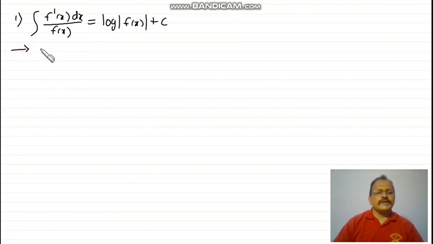The proof is very simple. Let I equal to integration f dash x dx upon fx.